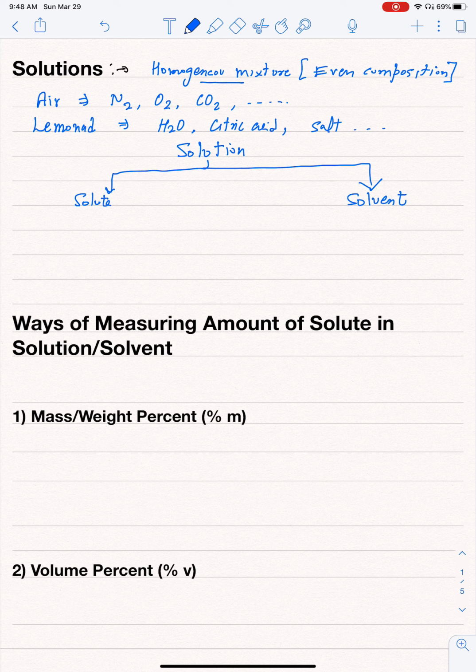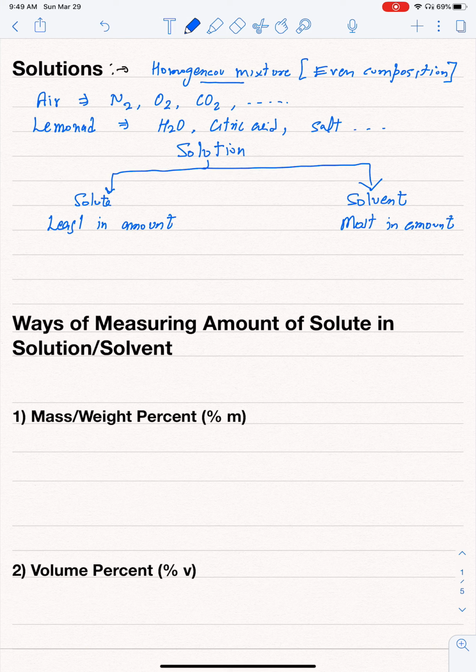It's very important to be able to identify what the solute is and what the solvent is. The easiest way to identify them in the solution: the solute is going to be present in least amount, and your solvent is going to be present in most amount.